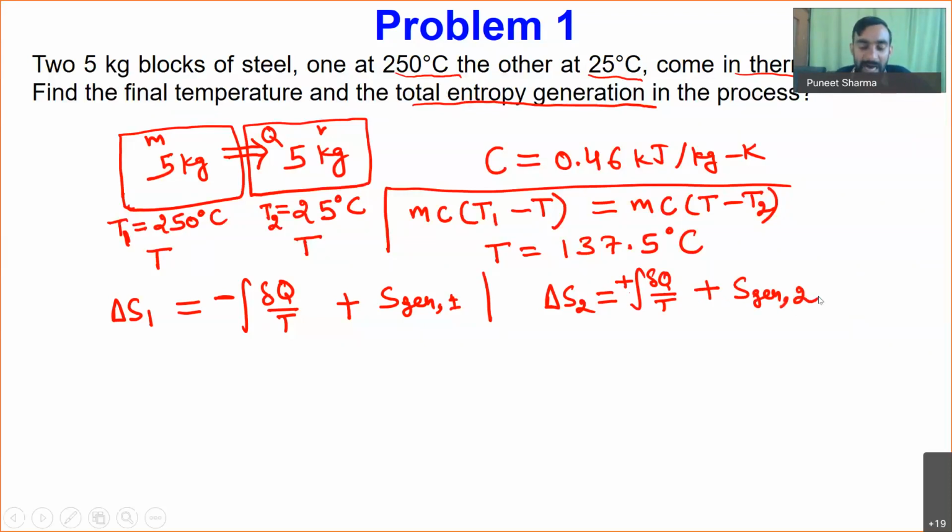Now it is asked in the question that we have to determine total entropy generation. So S generation total will be nothing but equal to S generation 1 plus S generation 2.